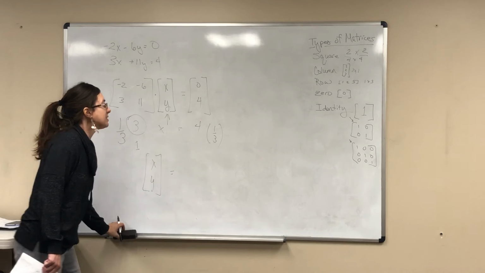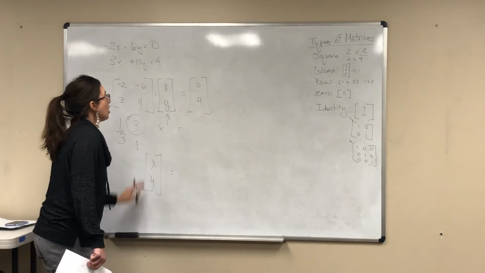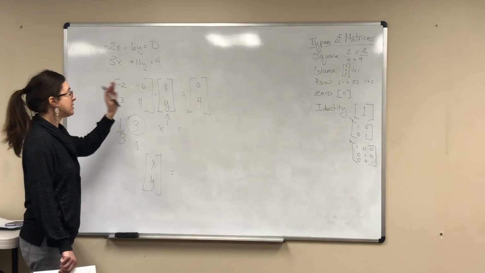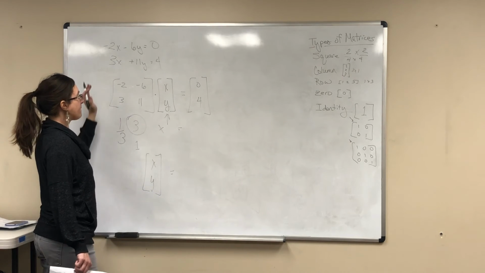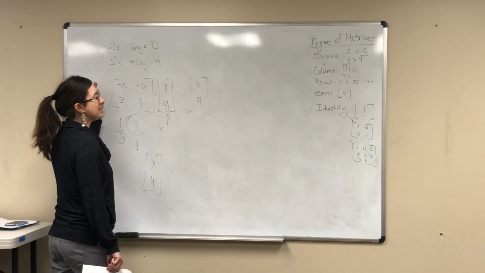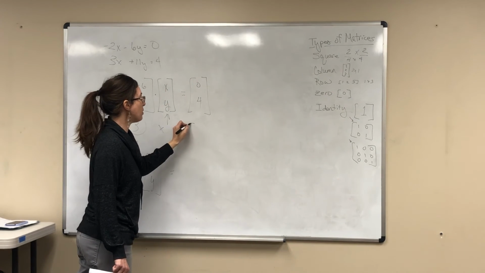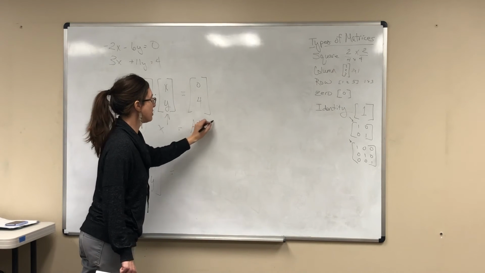This is the part that I need you to understand: order matters. So technically, I am multiplying first by my inverse, which means that on this side, I have to multiply by my inverse first.